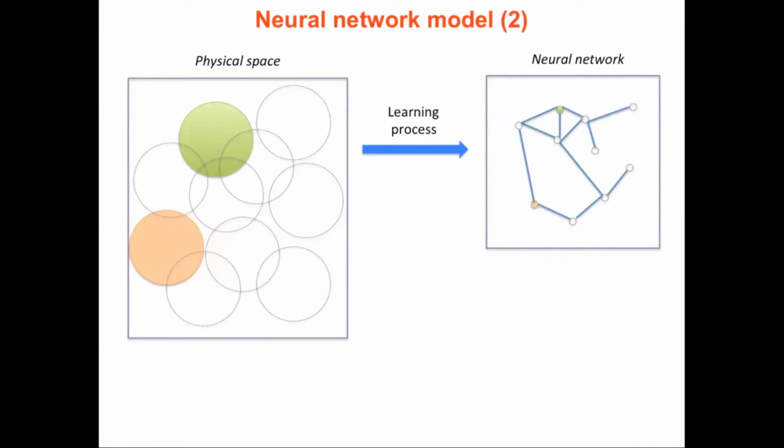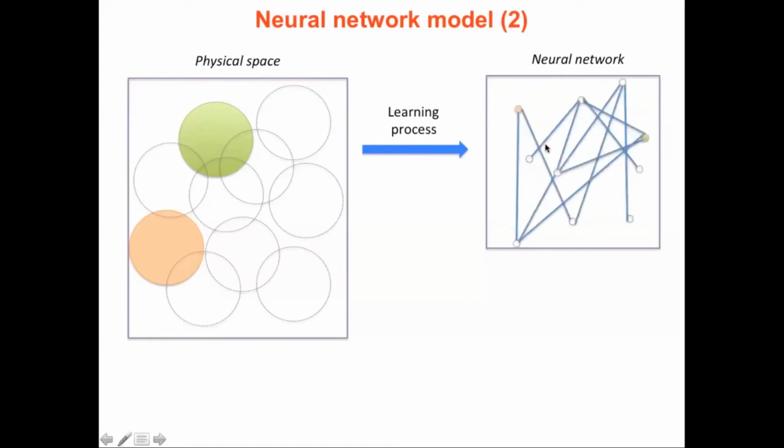So for this drawing here, we should be a little bit careful about the interpretation. The notion of place field in physical space is well defined, but we have no idea about the physical position of the neurons in the hippocampus, in the neural network in the brain. Of course, there shouldn't be any simple mapping like the one I have shown. What we would expect is that the position of the neurons in the hippocampus has nothing to do with the relative position of their corresponding place fields in physical space.